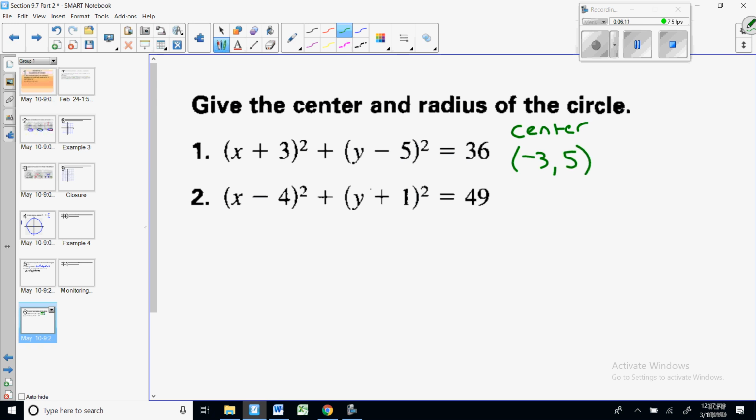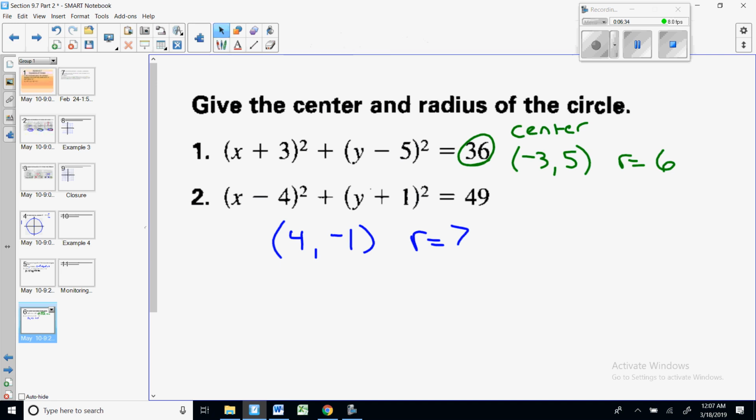And remember that 36 is r squared, so our radius in this case needs to be what? It's 6. Okay, looking here at number 2. My center, if I have x minus 4, is +4. My y-coordinate should be -1. And then the radius is the square root of 49, which is 7. Are there any questions that are in a general form for the equation of a circle?